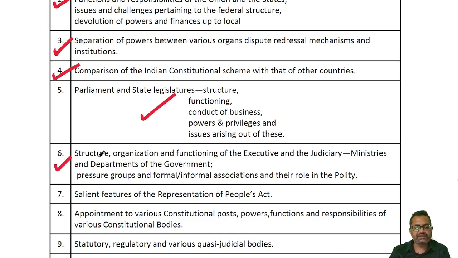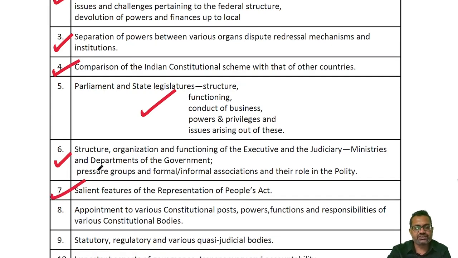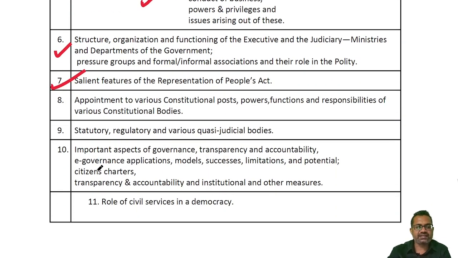Then we have given the sixth number to the structure, organization and functioning of the executive and judiciary, ministries and departments of the government, then pressure groups, formal and informal associations and their role in polity. Then the seventh topic is salient features of the Representation of People's Act.